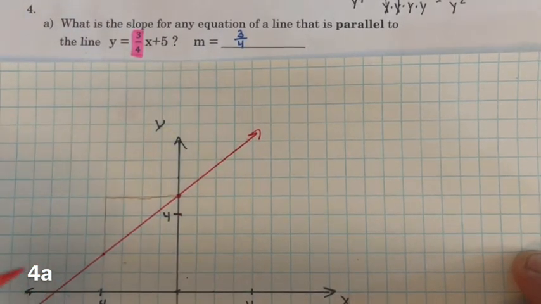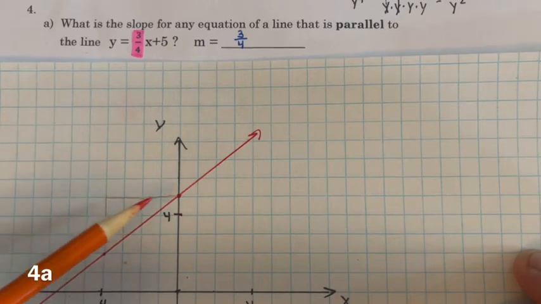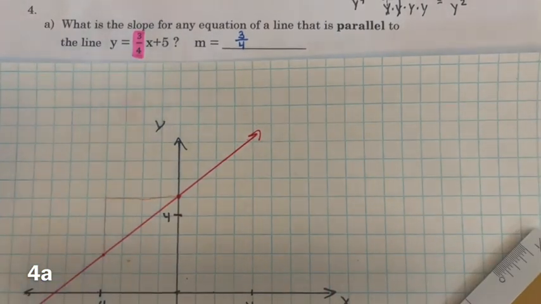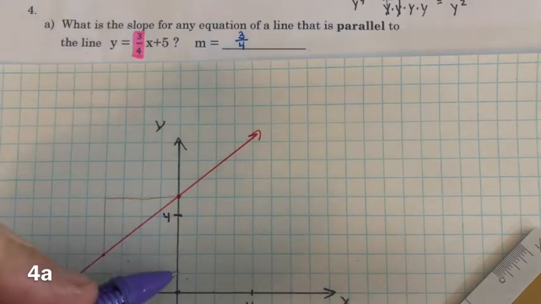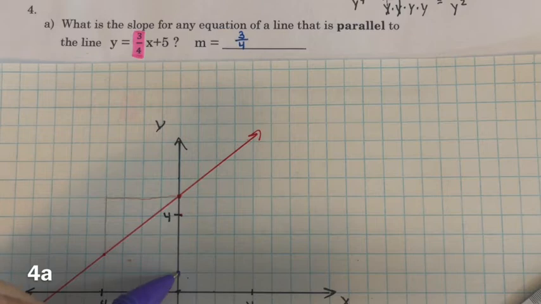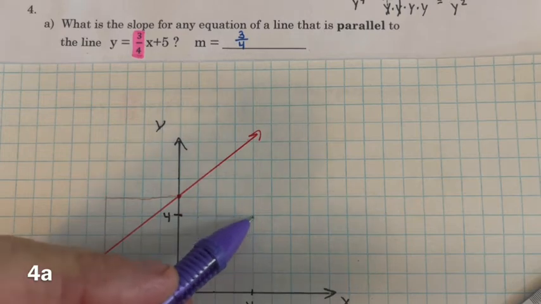Well, any line that's parallel will have the same slope because they'll have the same rate of change. So I can create a line that's parallel to this. I'll give it the y-intercept of positive 1, and it has the same rate of change, rise 3, 1, 2, 3, run 4, 1, 2, 3, 4.